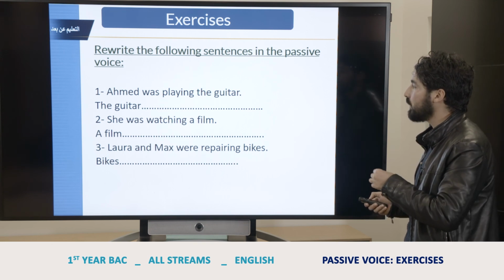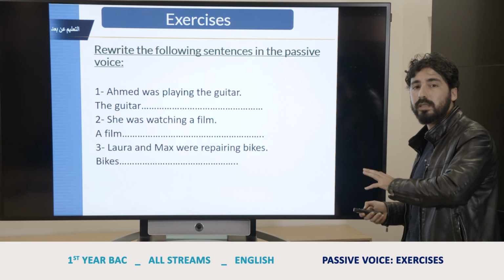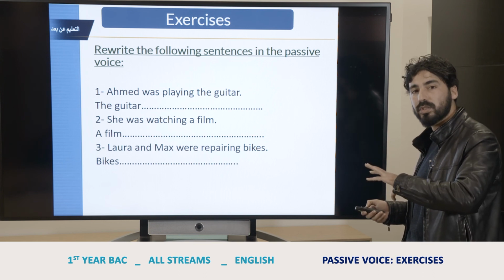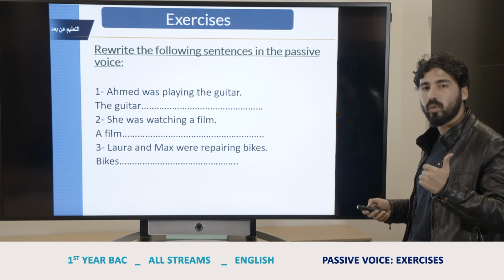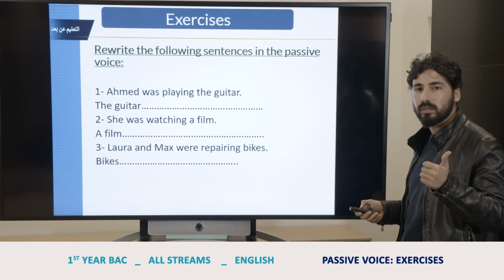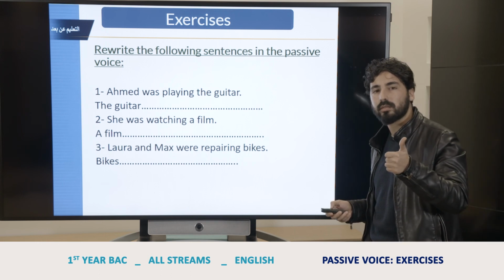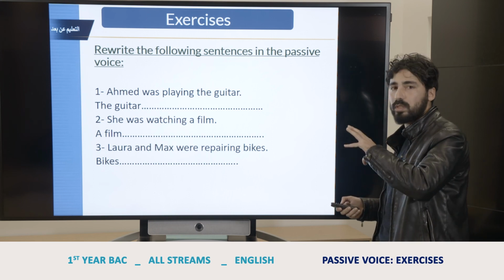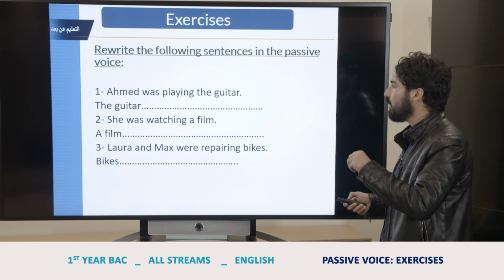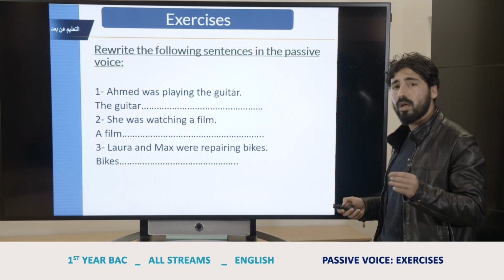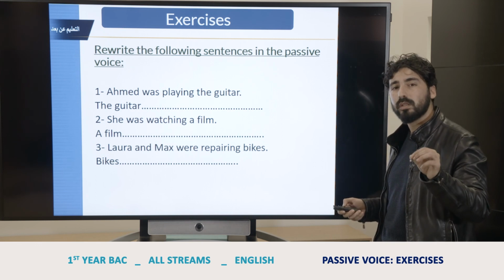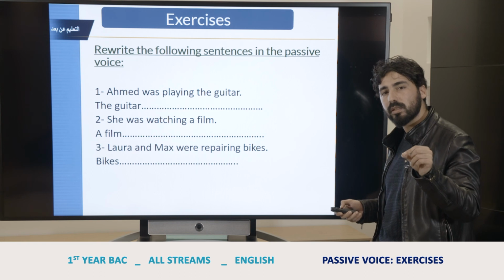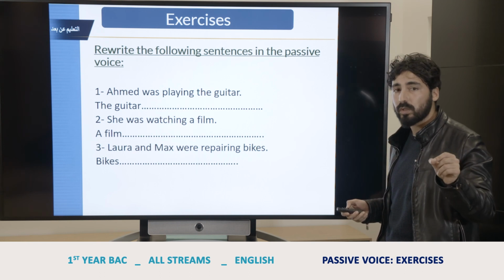Ahmed was playing the guitar. Was playing, ing, continuous. But we have "was" before. What does it mean? It's past continuous. Ahmed was playing the guitar. Was, it's not is. So we start normally with the guitar and we'll need the verb to be in the same tense, the past continuous. What is it?